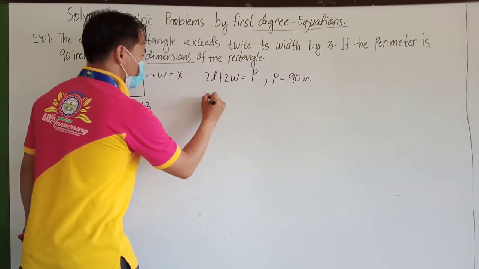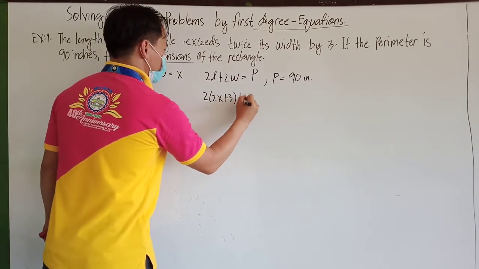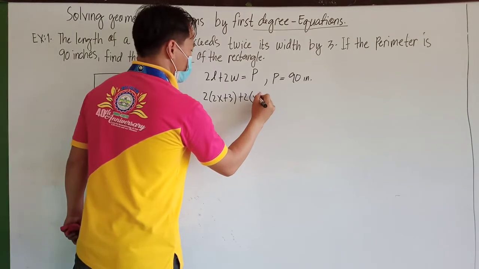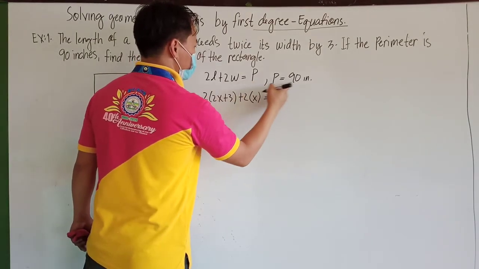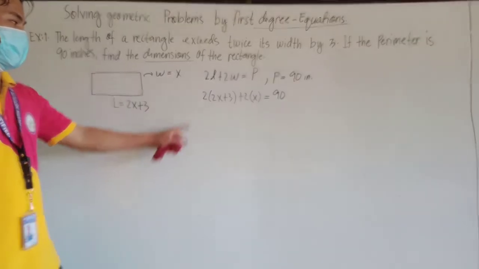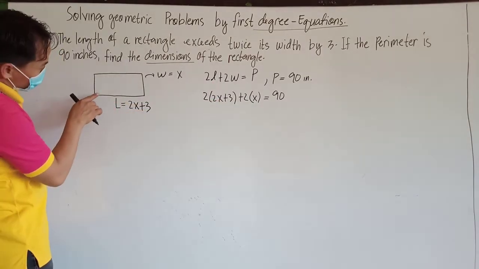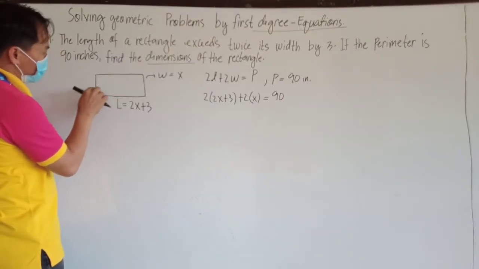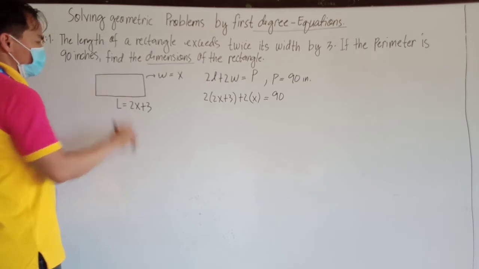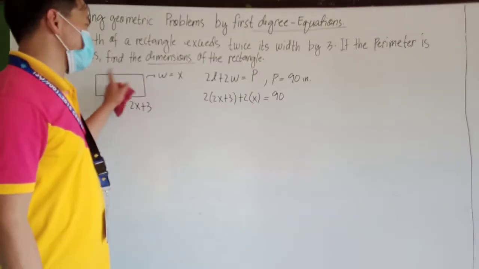So we have 2 times (2x plus 3) plus 2 times the width, x, is equal to P. If you wonder why 2L and 2W, remember, if this figure is the rectangle, it has two widths and two lengths. Actually, it is just the sum of the sides.